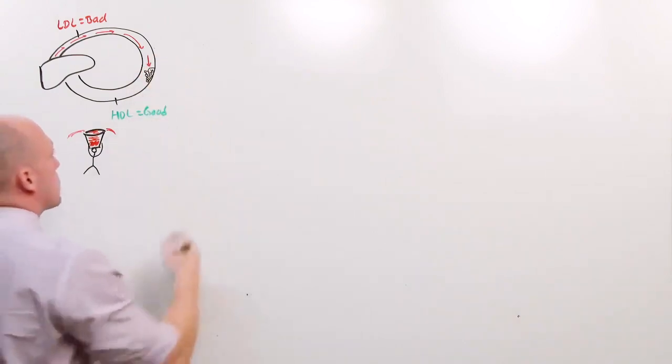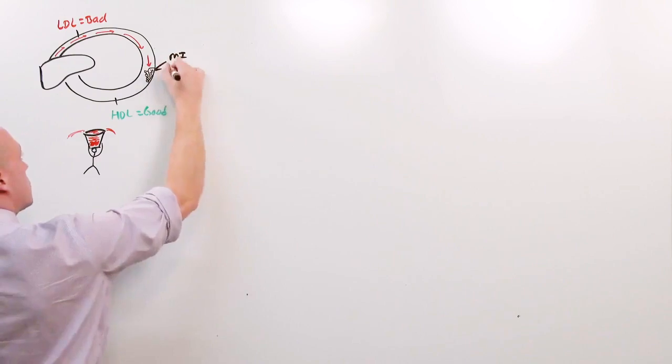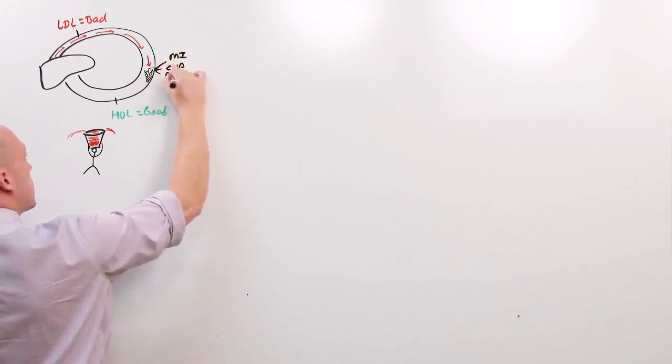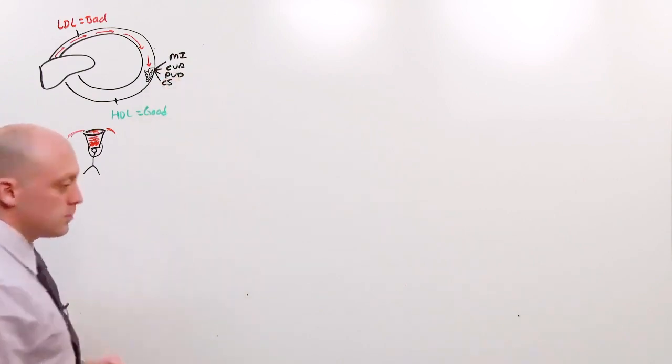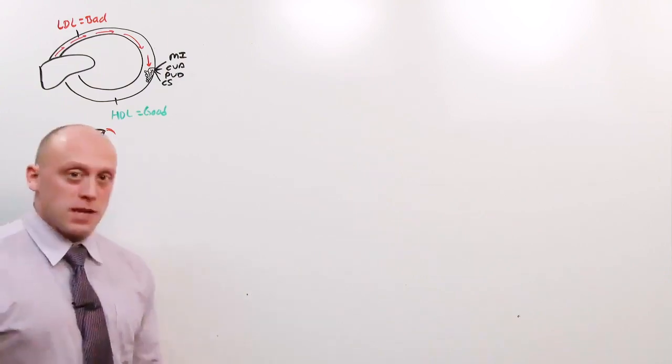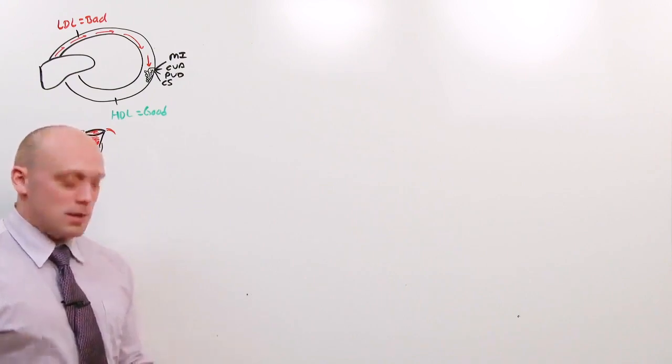Now, cholesterol plaques are the things that cause vascular disease: myocardial infarctions, strokes, peripheral vascular disease, and carotid stenosis. Any one of those things is vascular disease, and vascular disease comes from cholesterol plaques.